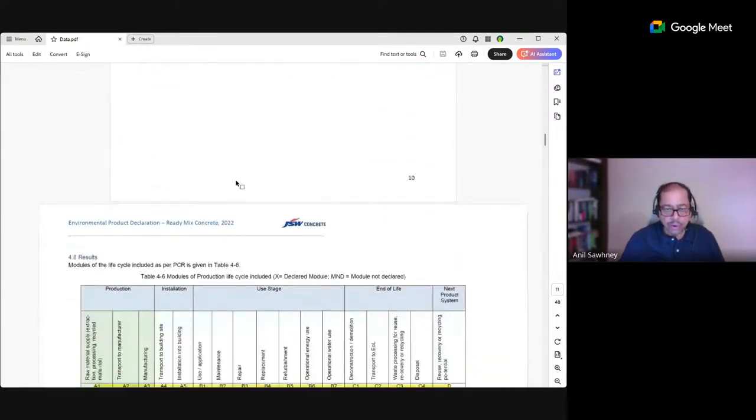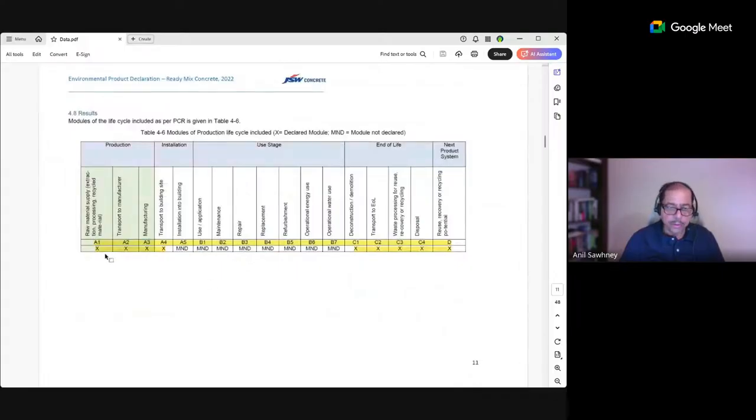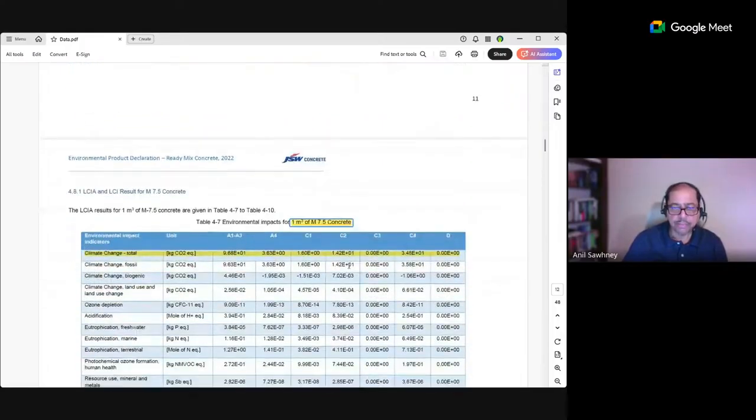Beyond that is where they tell you, wherever you see the X, you have values. And wherever there is this MND, module not declared. So they don't declare A5, they do not declare any use stage, but they do declare in their EPD C1, C2, C3, C4, and module D. Module D is going to be largely zero because the concrete you break up, in this case, is being sent to landfill, perhaps.